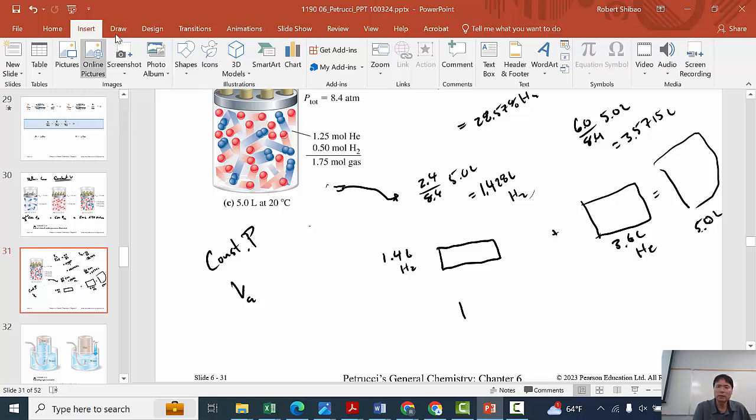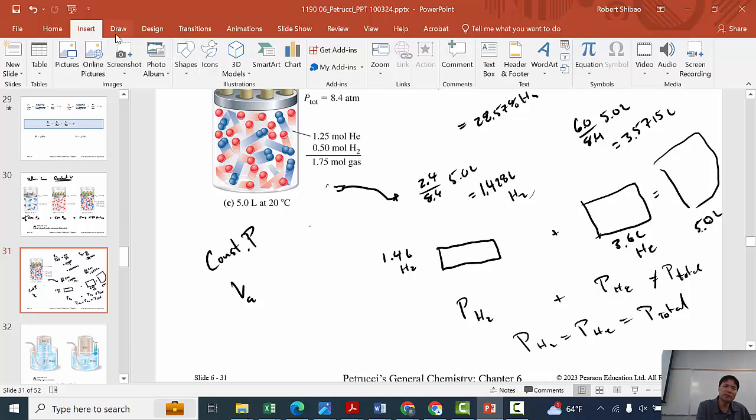Now the pressures are added, so the pressure of the hydrogen plus the pressure of the helium is equal to what? P total. It's not equal to P total. That is, the pressures are not additive. The pressure of the hydrogen is equal to the pressure of the helium, which is equal to P total. So what we're doing here is this.